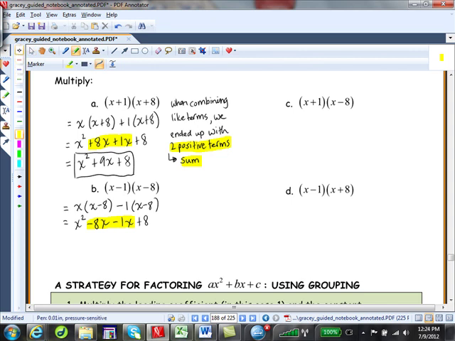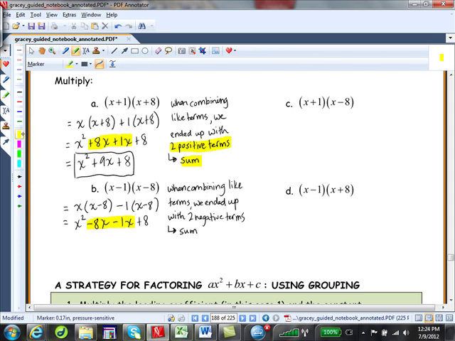So again, when combining like terms, we ended up with two negative terms, and that ends up being a sum of two negatives.